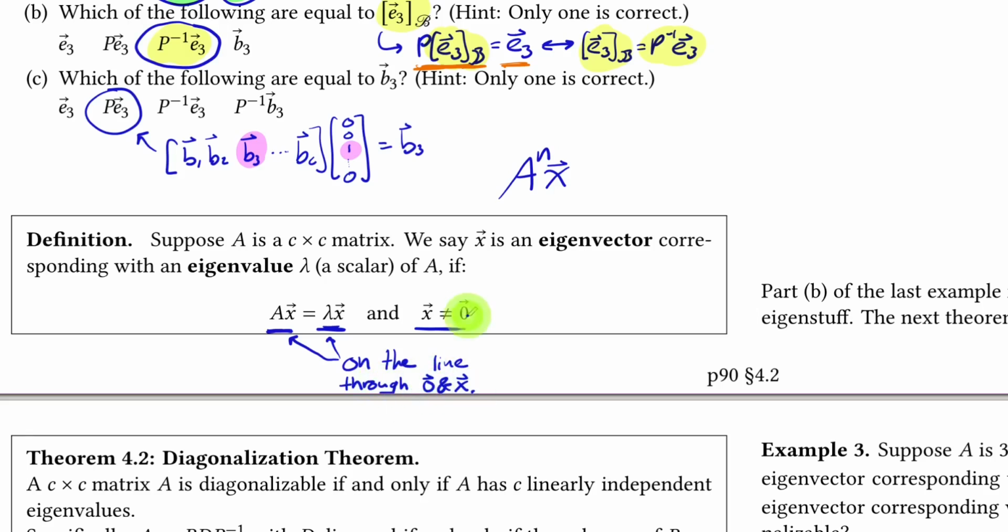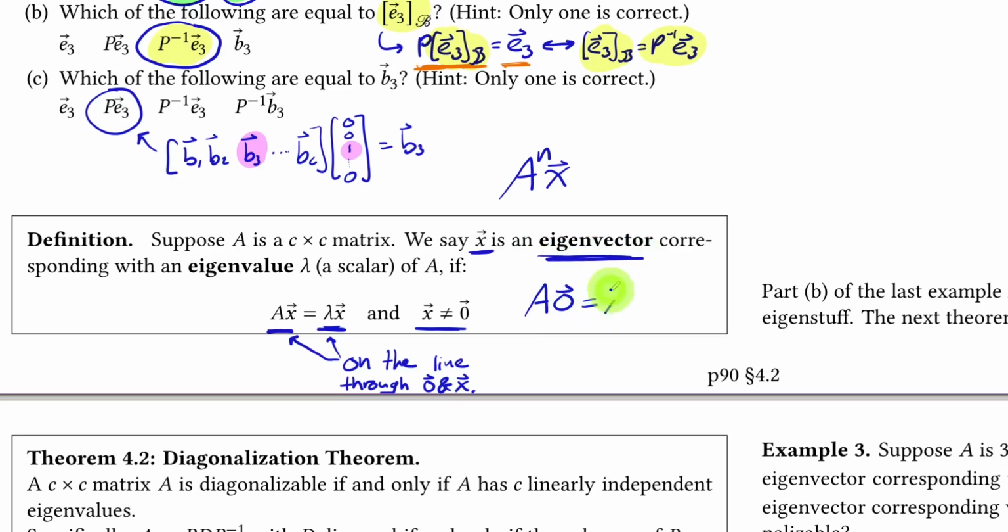And you can see why maybe x is not equal to 0 should be required here, because if 0 could be an eigenvector, then A times 0 is always equal to any scalar multiple of 0 that you want.